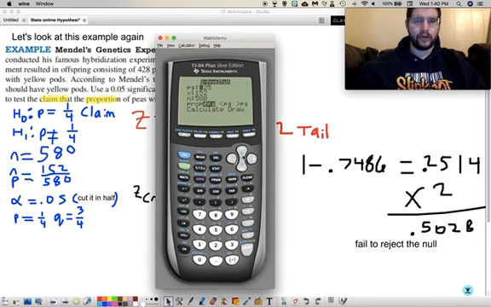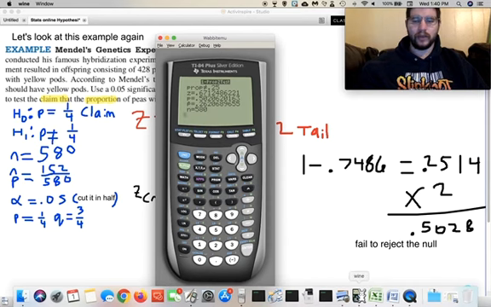So I got all the information in here already, so we could just go ahead and hit enter. 0.5021. Very close to 0.5028. Again, whether or not you use the calculator or the chart, it's up to you. Either way, you should not have a significant difference to compare to alpha. If we look, alpha's got 2 decimal places, and these are the same to 2 decimal places. They're the same to 3 decimal places, pretty much.